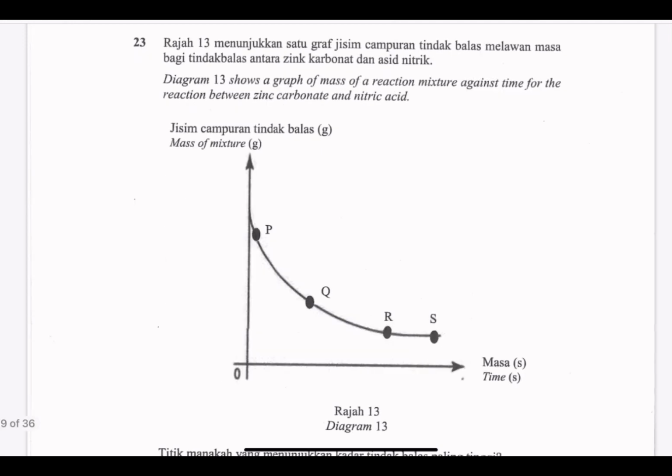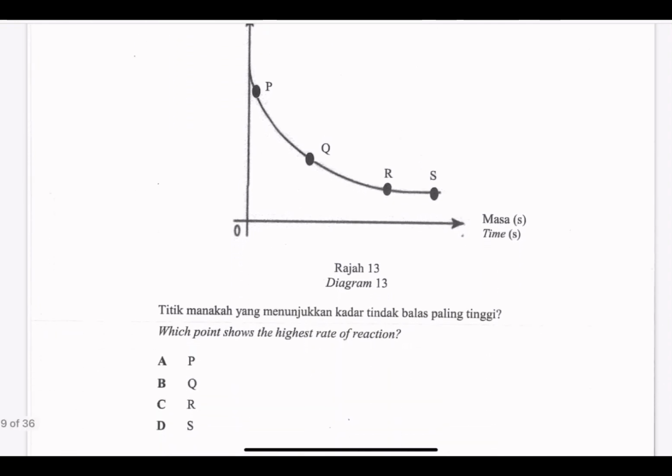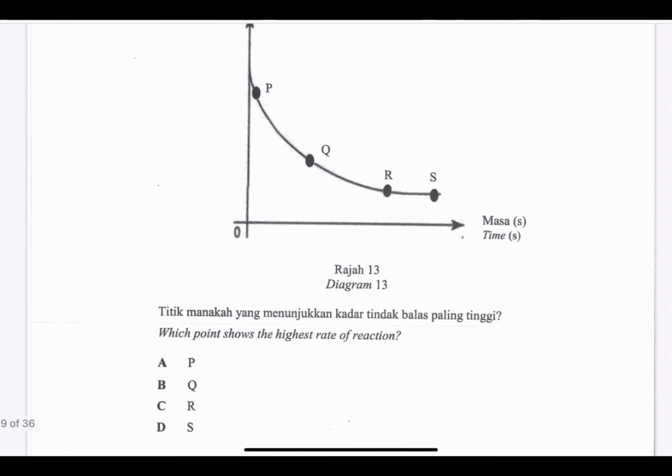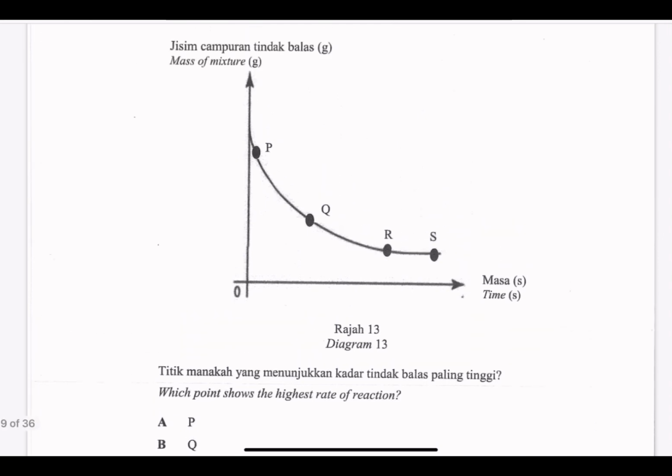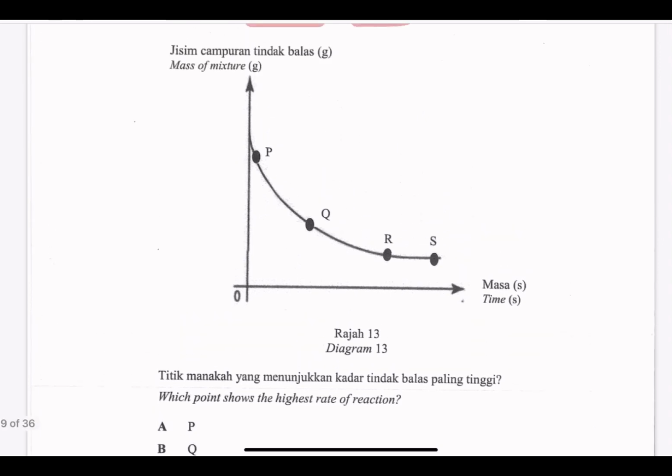Question 23. The graph of mass of reaction mixture against time for zinc carbonate and nitric acid. Which point shows the highest rate of reaction? The mass of the mixture decreases because this refers to the reactants.